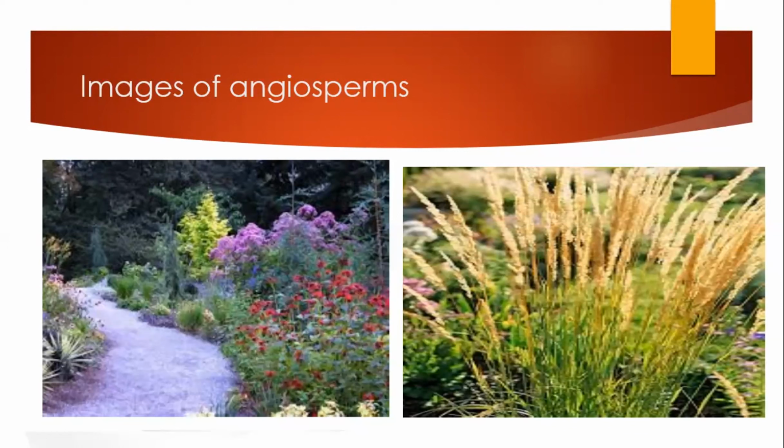The grasses we have at home usually have those yellow or white parts up, and we do not recognize that those are the flowers of the grass. So grasses are also angiosperms, just like these others whose flowers are very obvious. There's a wide variety of flowers. Some big, some small, some brightly colored, some dull colored, but all those are angiosperms.